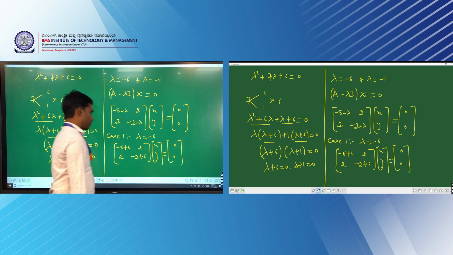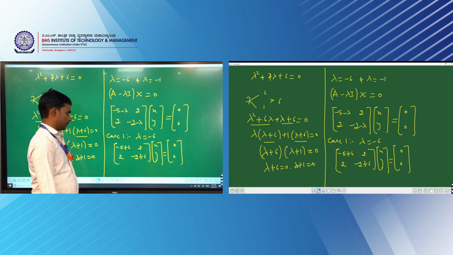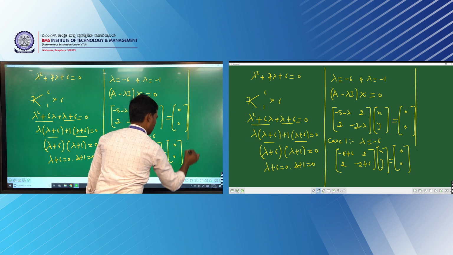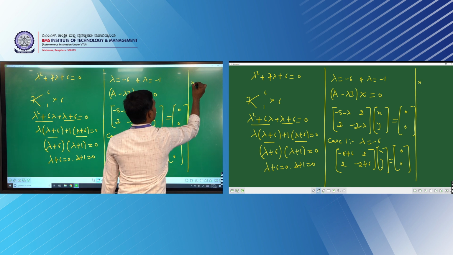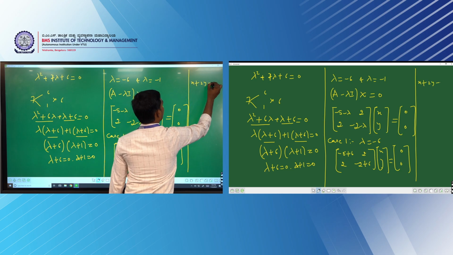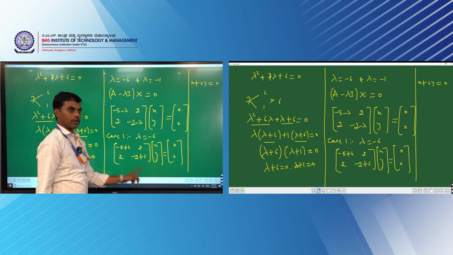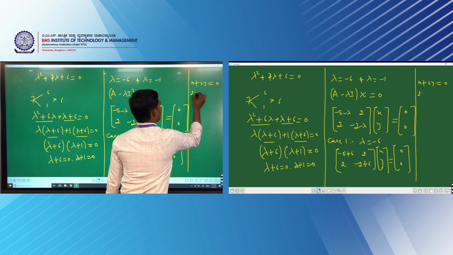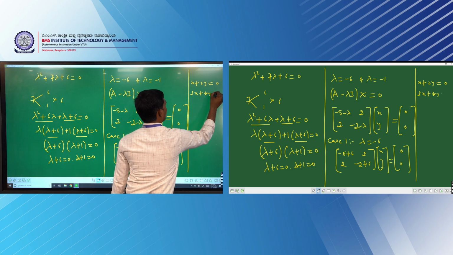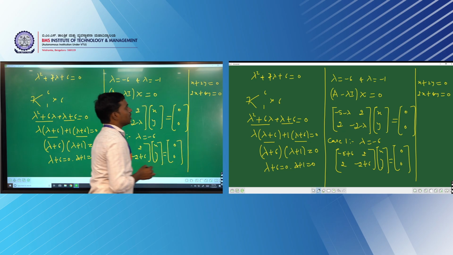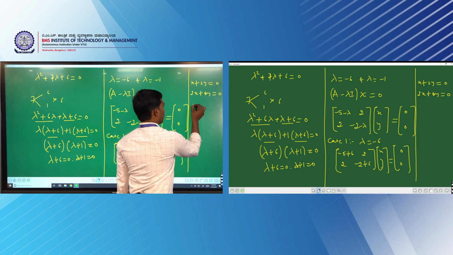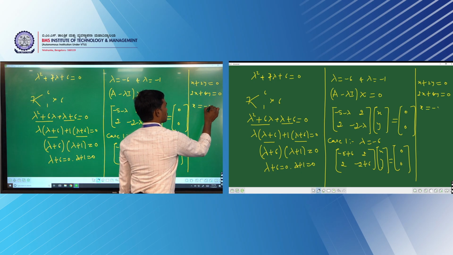If you expand this, minus 5 plus 6 is 1, and minus 2 plus 6 is 4. If you multiply this, what I will get is x plus 2y equal to 0, 1 into x plus 2 into y, matrix multiplication, and then 2x plus 4y equal to 0. You see both the equations are almost the same. First equation is x plus 2y, second equation is 2x plus 4y. So we will consider any one: x is equal to minus 2y.